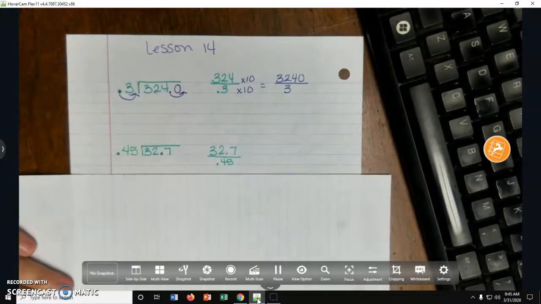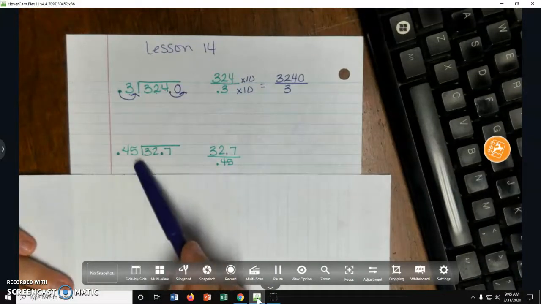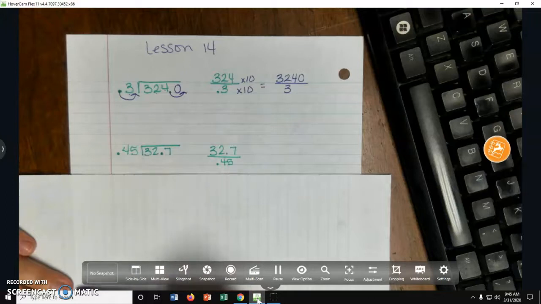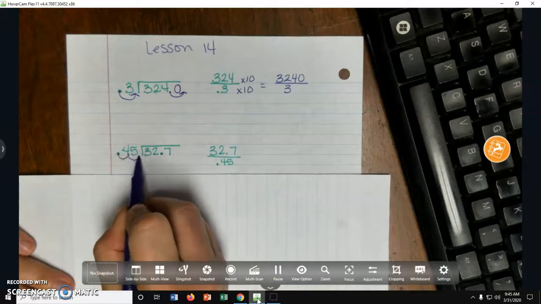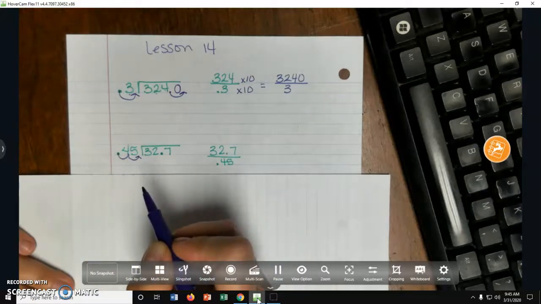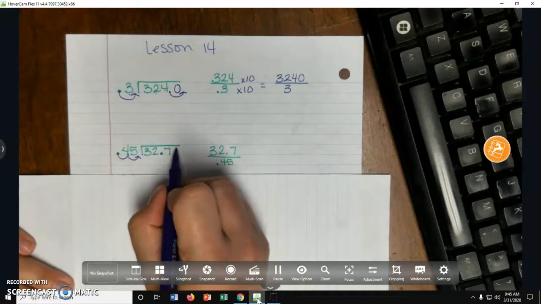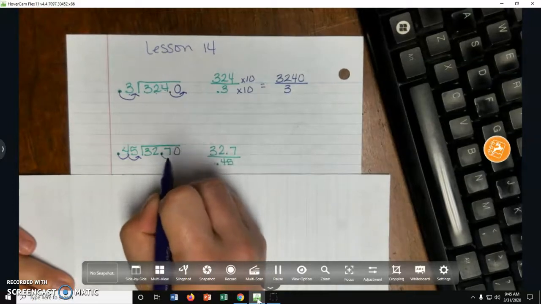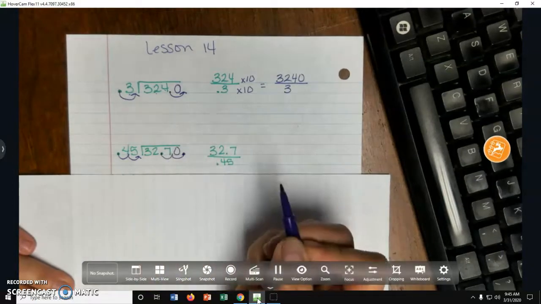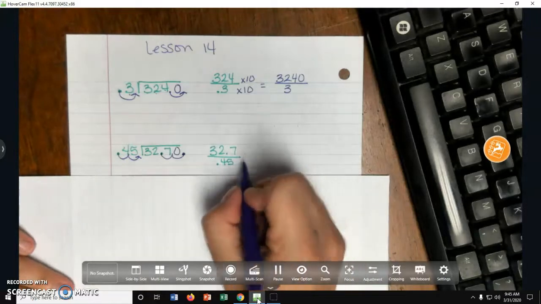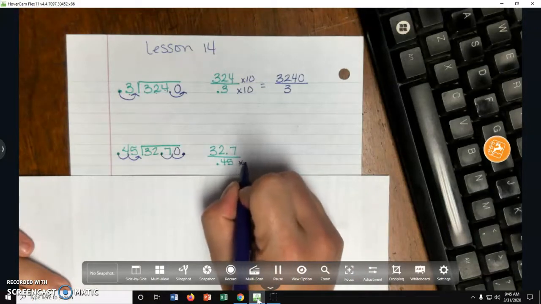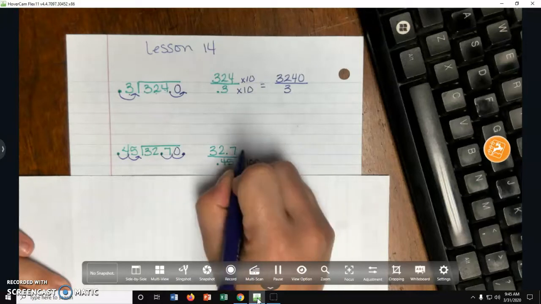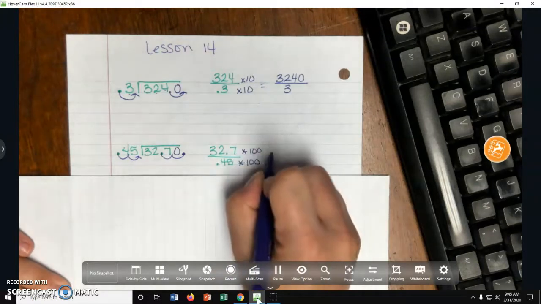Next problem, 32 7/10 divided by 45 hundredths. Same thing, I can move that decimal. I have to move it 2 times in order to clear that decimal out of the divisor. Over here, in order to move it 2 times, I'm going to have to add a 0. Mathematically, what am I doing? To move that decimal 2 times to the right, I'm really multiplying by 100.